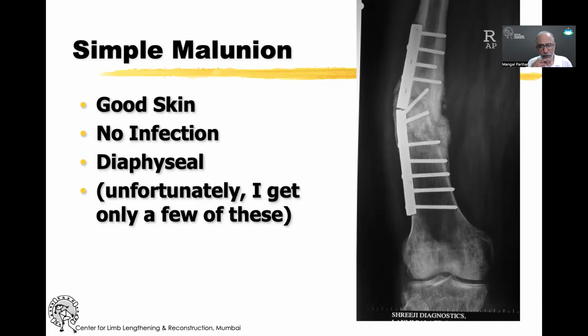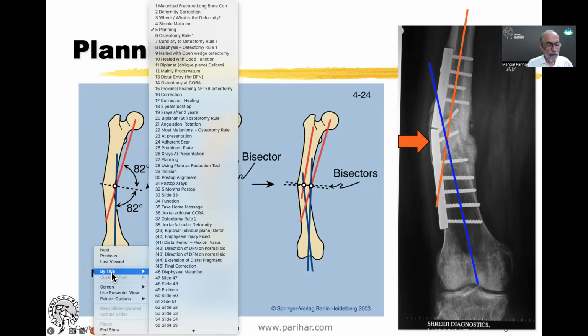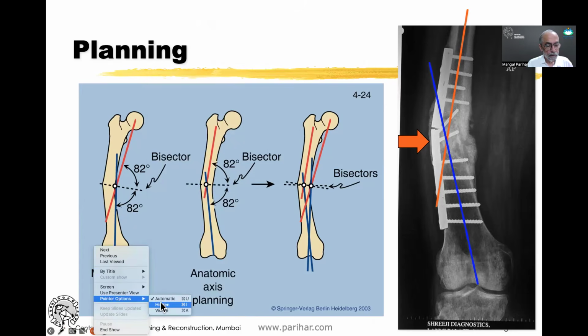So in simple malunions where you have good skin, no infection, and the malunion is diaphyseal, one can do the planning in terms of either the mechanical axis as seen in this on the left side, or the anatomic axis, where we are doing the center mid-diaphyseal lines.